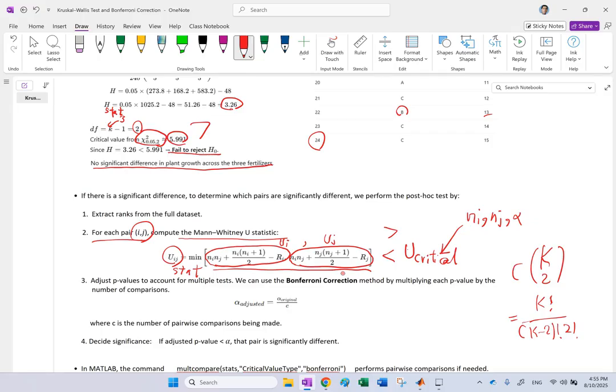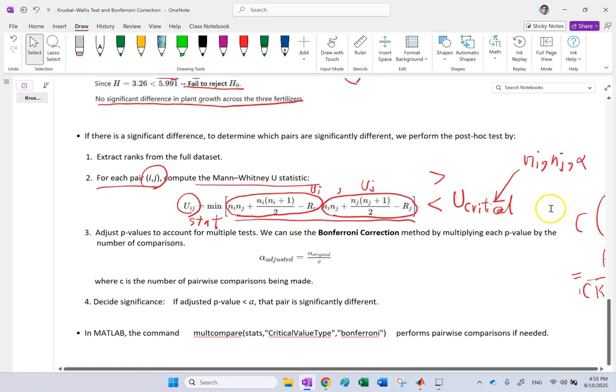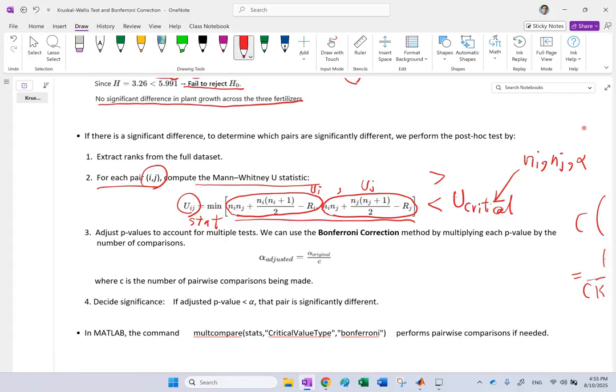Now, one thing in this post hoc test that we need to do is, because we are doing lots and lots of these pair comparisons, the chance of a type 1 error goes up. Because if I do a comparison between group 1 and 2 and then group 1 and 3, when I do now group 2 and 3, this one is kind of related to the other two.